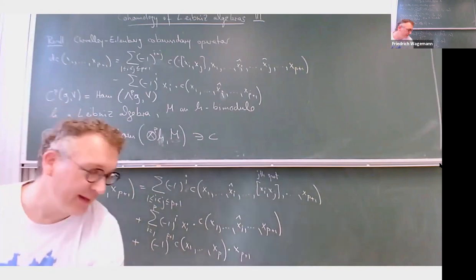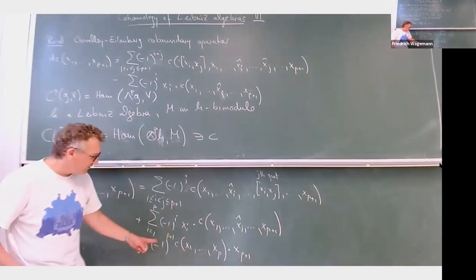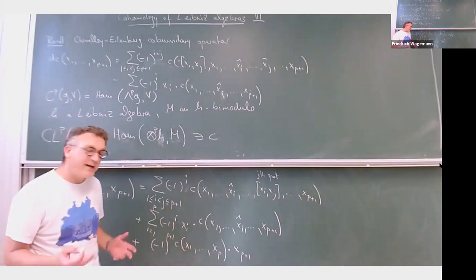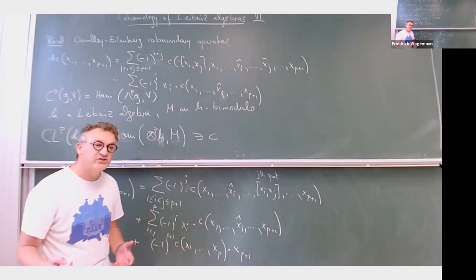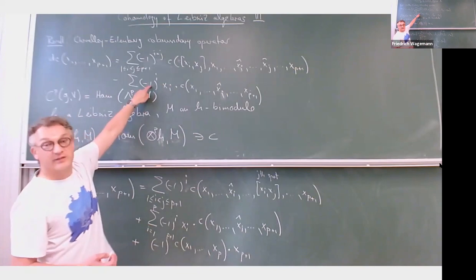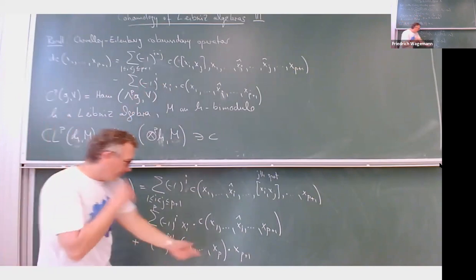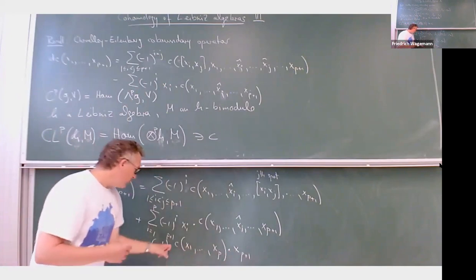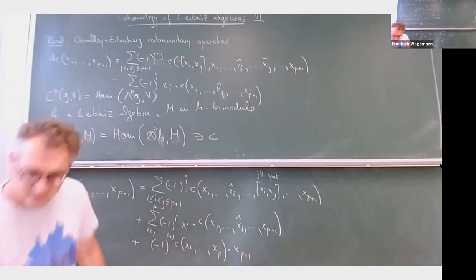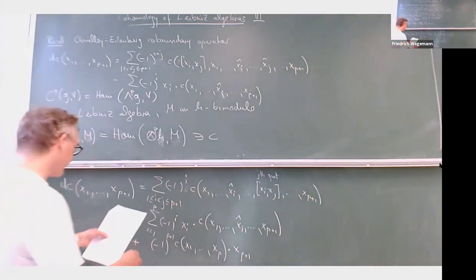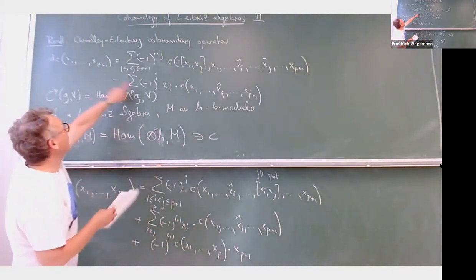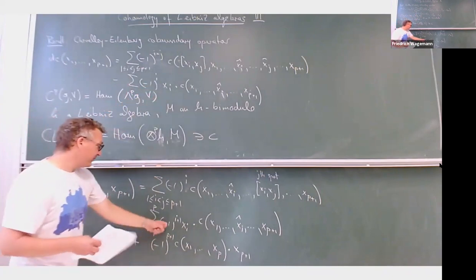Let me explain this sign. In case the module is symmetric, meaning that the right operation is the opposite of the left operation, you have to have the same sign as here. And so putting it on the other side would give p plus 1. This would be the sign here because I didn't put it correctly. You see here it was minus 1 to the i, so it's i plus 1.